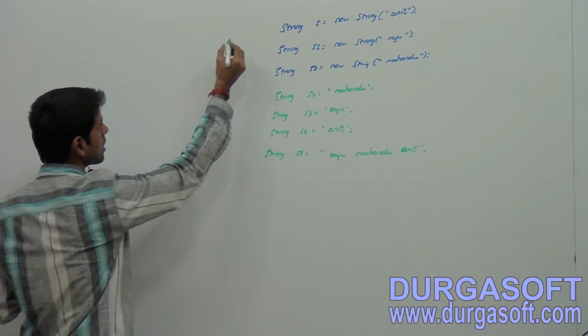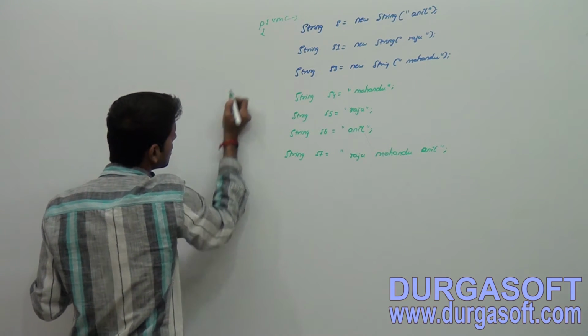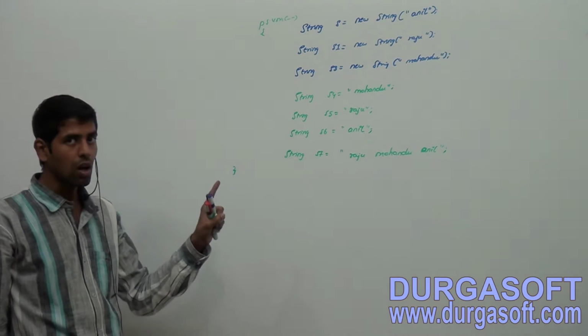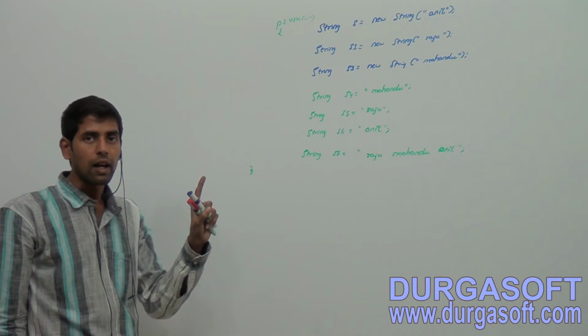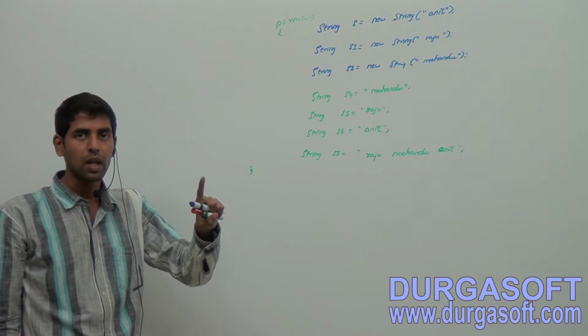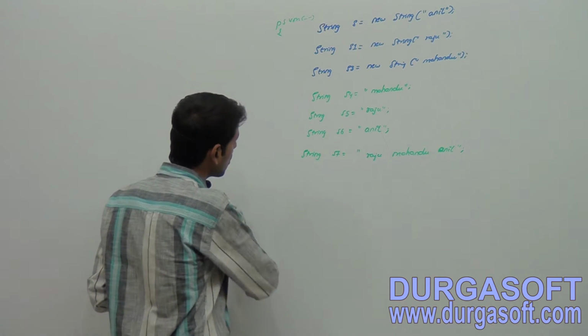Because of these instructions, how many string objects are created and how many objects are eligible for garbage collection? Before that, let me take some more statements.